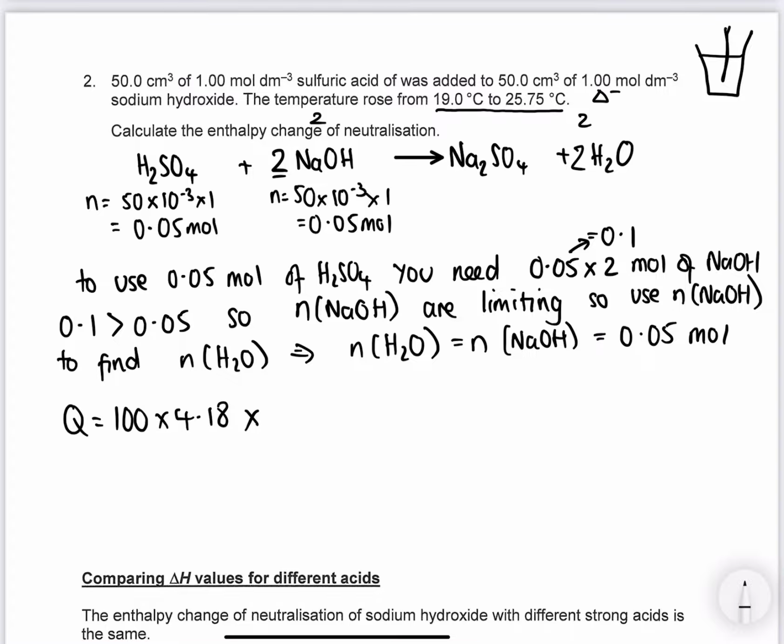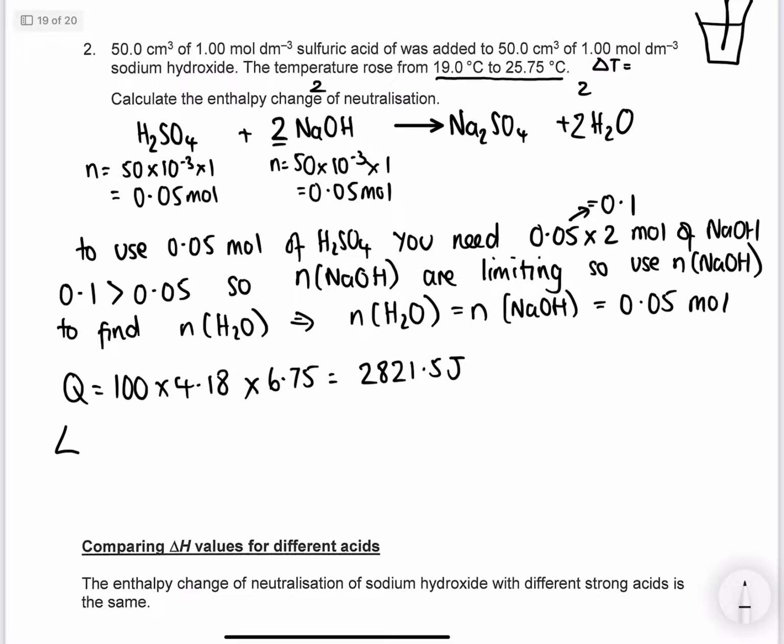My delta T is only the difference between 25.75, looks like I was using a thermometer with quite good resolution, and 6.75. And that's coming out as 2,821.5 joules.